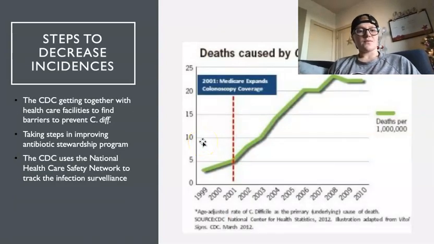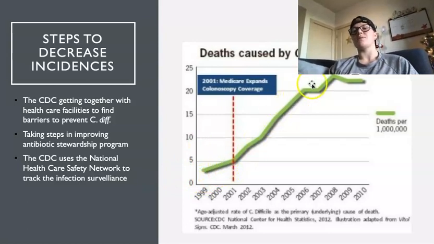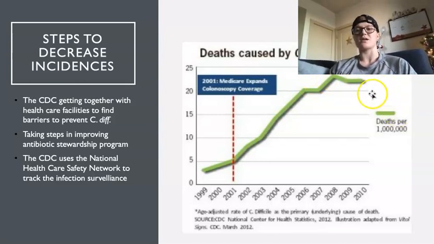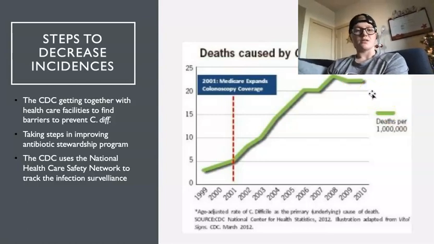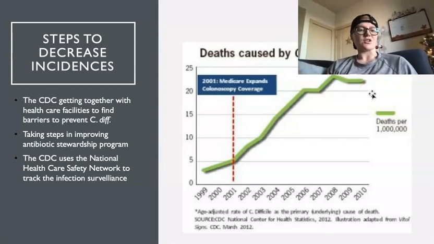The CDC is trying to decrease incidences and promote protocols for infection control. As you can see, it continues to increase, and now it's about to stabilize, and they want it to continue to be stable or decrease because of the protocols they are getting out to healthcare facilities.